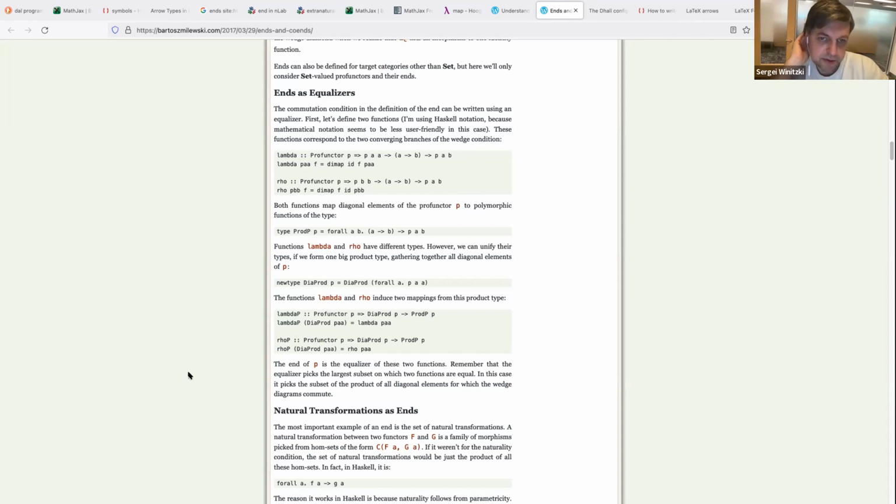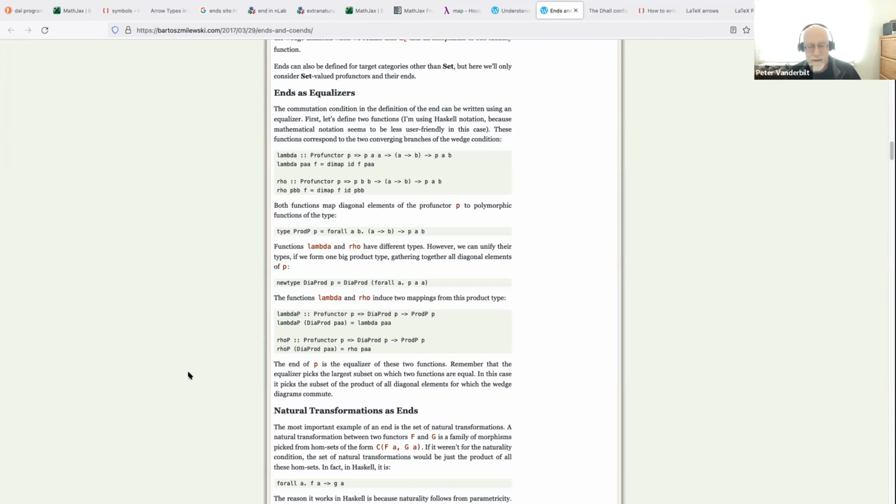Not sure. First, let me point out one thing: when you write type prod P equals for all, this for all on the right hand side is actually the existential quantifier. It is a for all if you think of those as arrows, but it would be exists A B, if you put the parens around exists A B and then A arrow B to PAB.